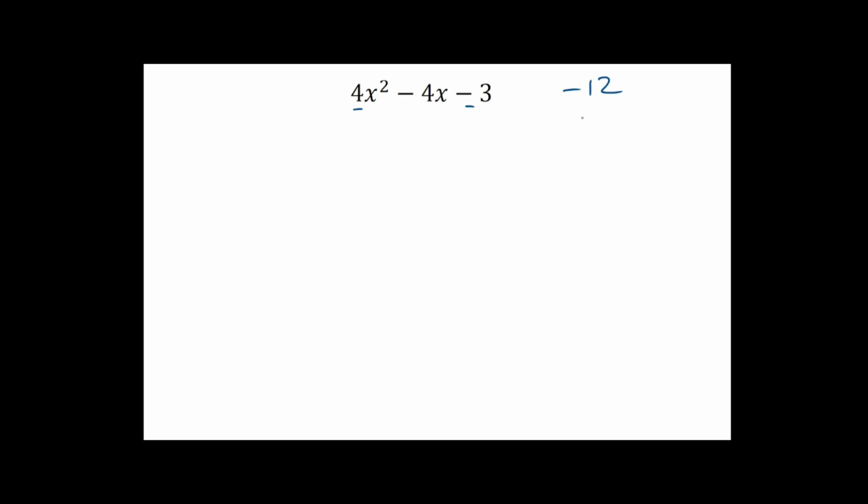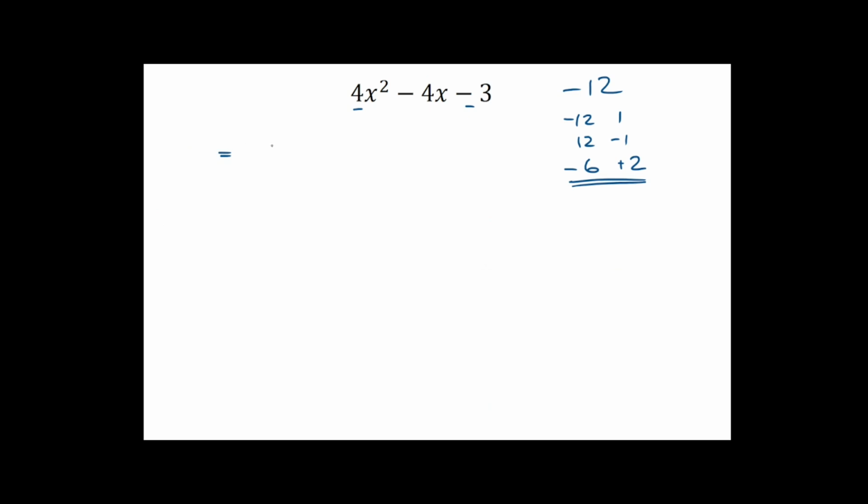So we're looking for two numbers that multiply to give us negative 12 and add to give us negative 4. Well, there's negative 12 and 1. 12 and negative 1. Obviously it's neither of those. Negative 6 and plus 2. That looks like our winner.